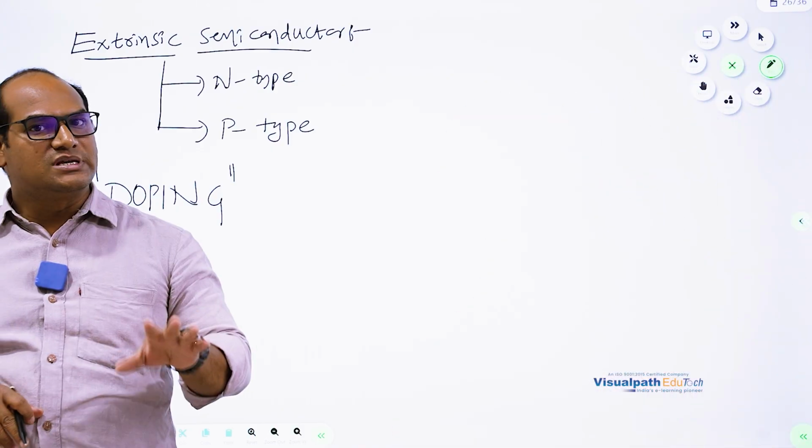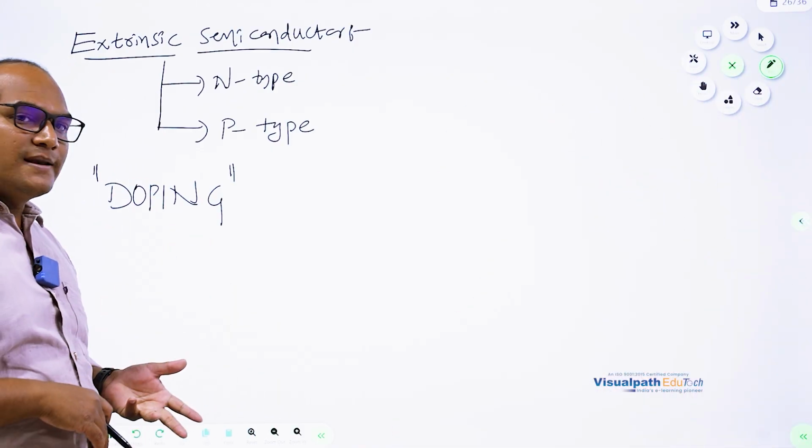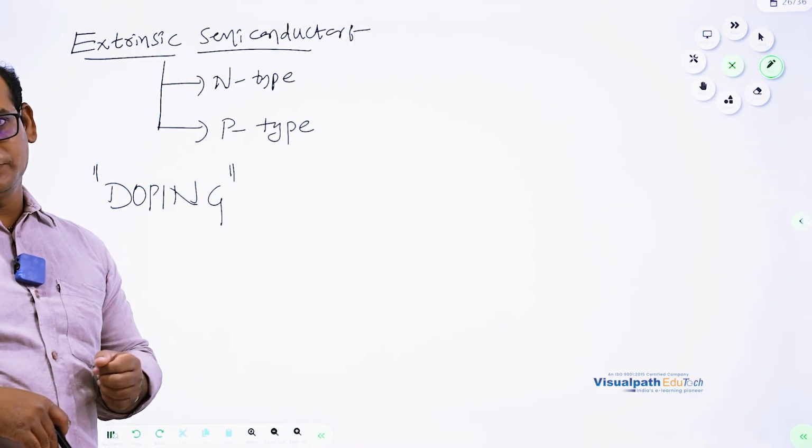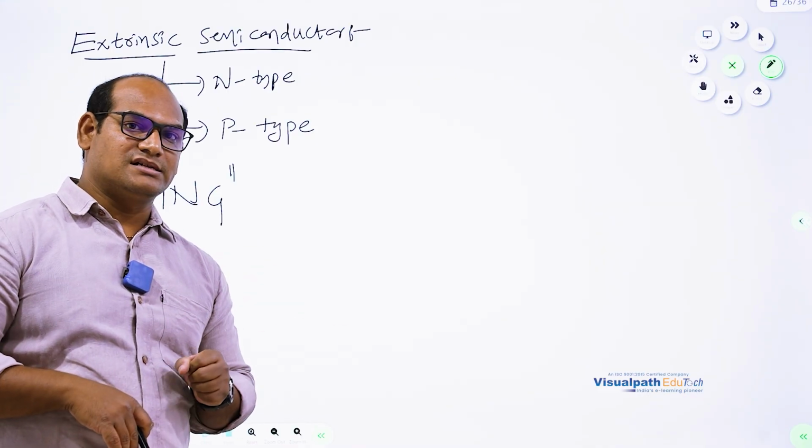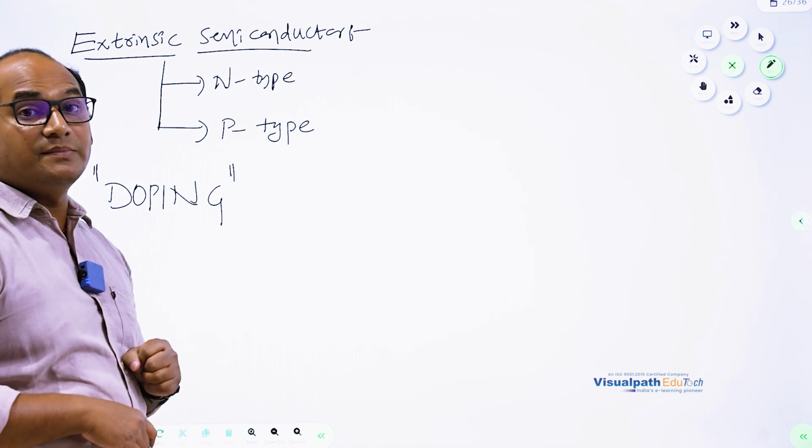So you have to take pure semiconductors only, and then you need to add the impurities, or perform this doping process on the intrinsic semiconductors. Then these extrinsic semiconductors will be created.